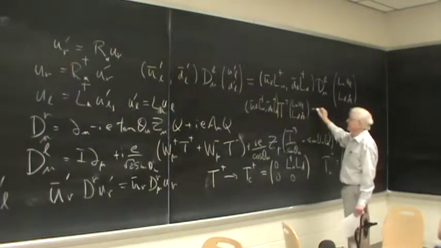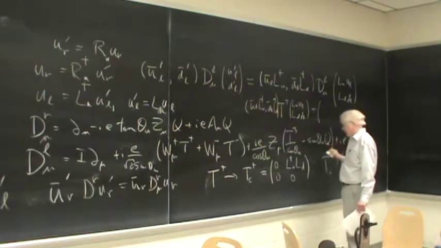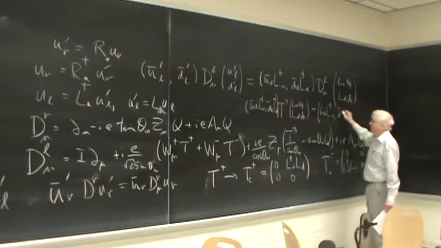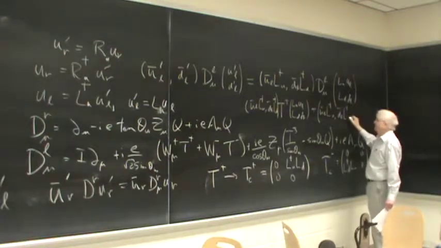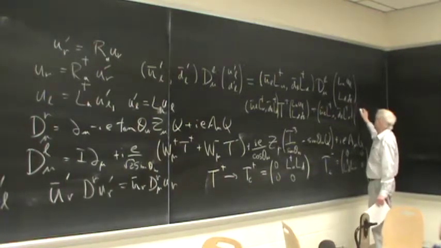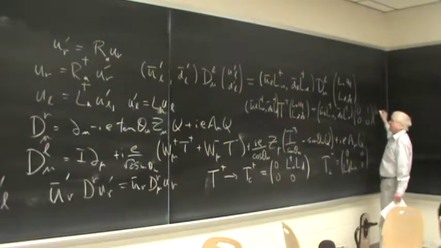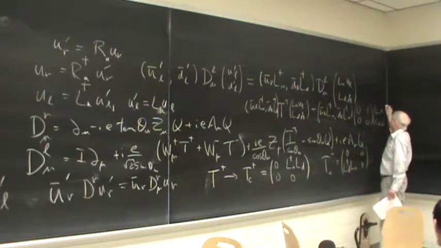So this thing then is U bar L, L dagger U, D bar L, L dagger D, times 0, 1, 0, 0, times LU, UL, LD, DL.